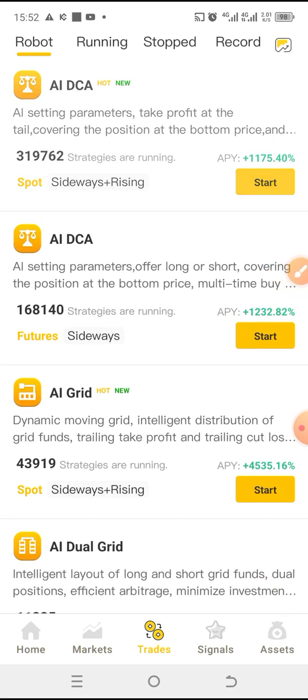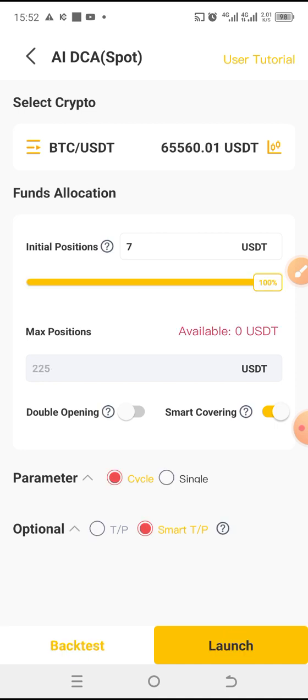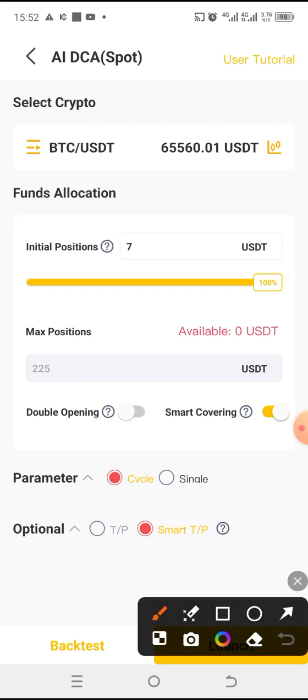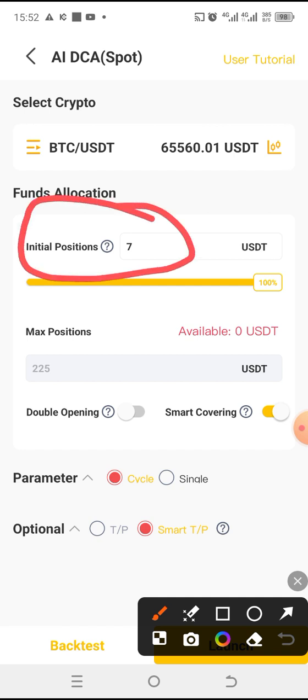AIDCA simply means this is an AI system. That means the system has been set automatically. You can only change very few things in these settings. You can change the initial position, which is the amount you want to trade with, that means the first amount you want the system to buy for you.